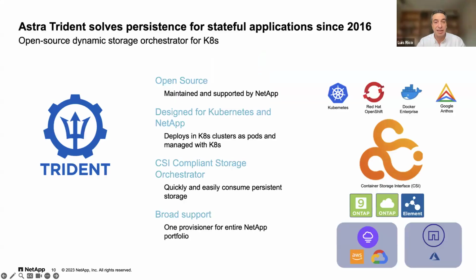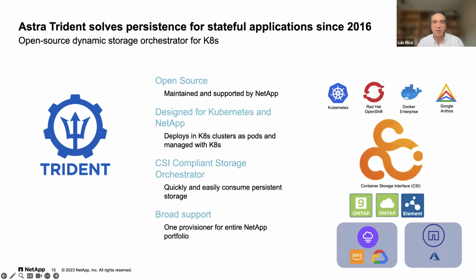Okay, very quickly about Astra Trident. We have been doing dynamic provisioning since dynamic provisioning was born at the end of 2016, with Kubernetes 1.4 and OpenShift 3.4 in January 2017.